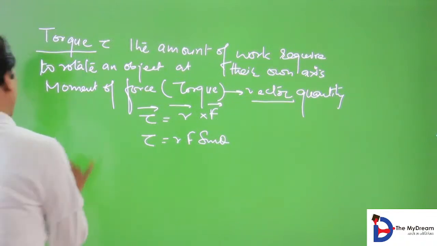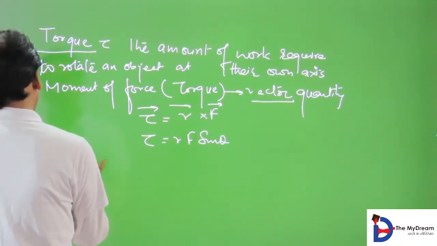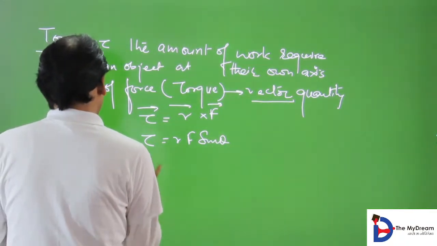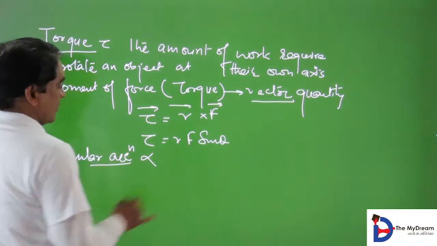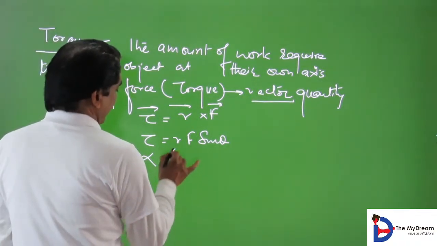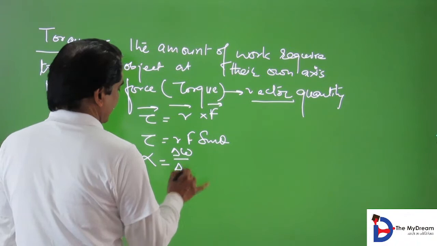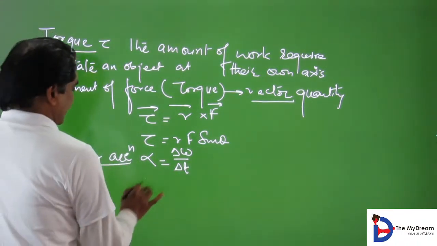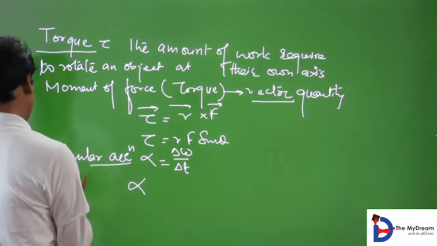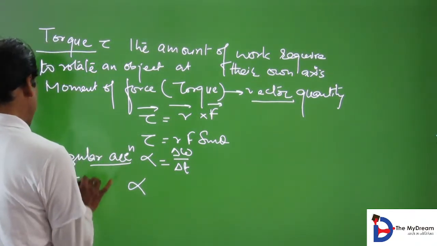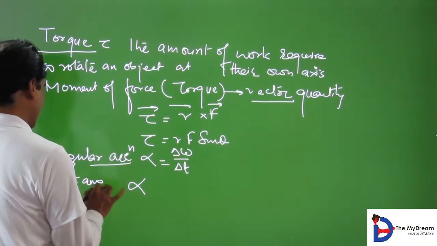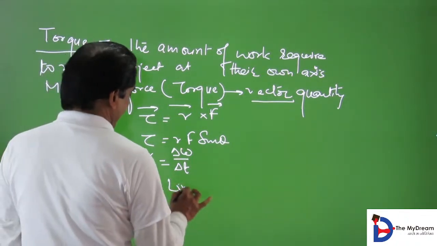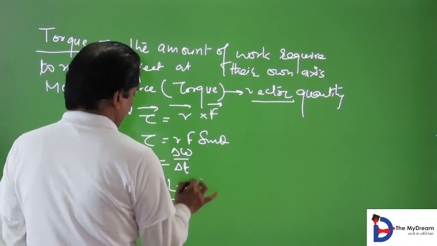Yes, angular acceleration. Angular acceleration is the rate of change in angular velocity. If you want to discuss the instantaneous angular acceleration, then you can write limit delta t tends to 0 of del omega by dt.